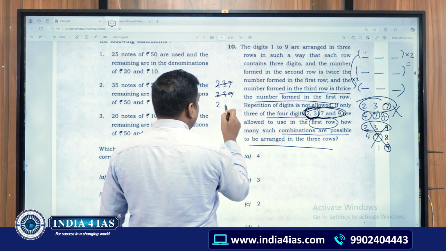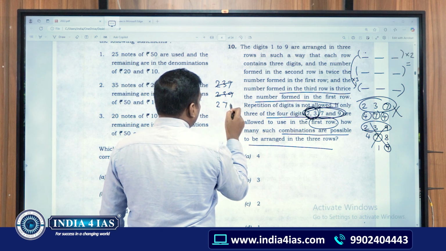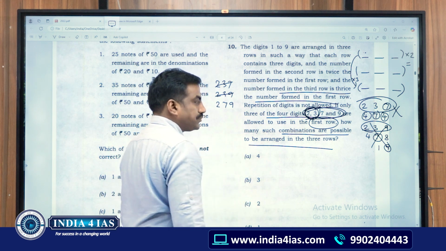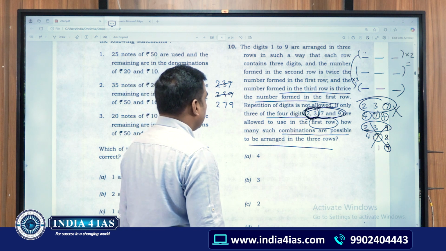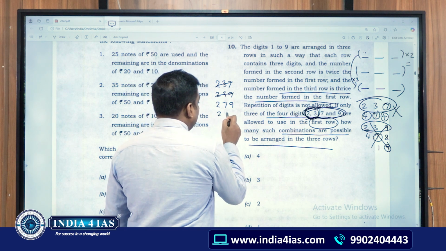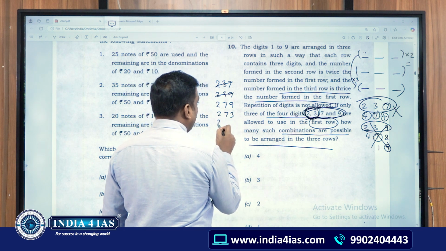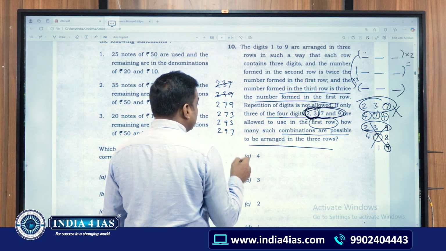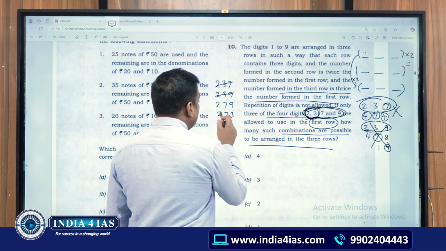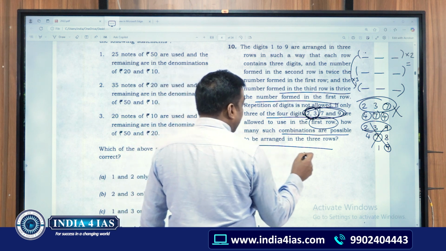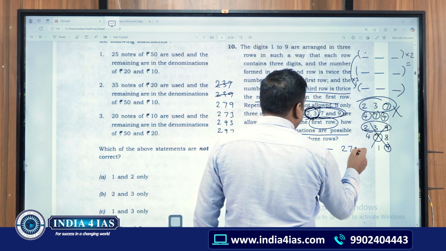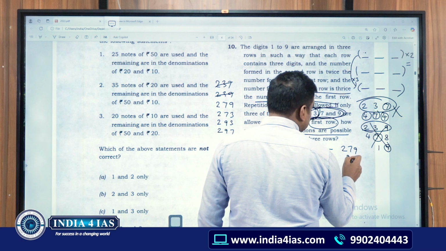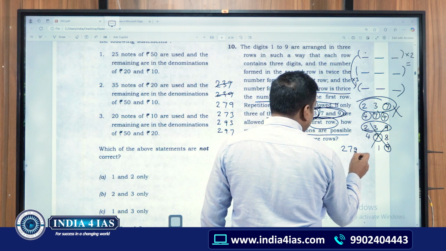Now next number for me is 2, 7, 9. 2, 7, 9 or 2, 7, 3 or 2, 9, 3 or 2, 9, 7. I have to check these. Now among these, 279. So 279, double of this is 2 9s are 18, 2 7s are 14, so 15.